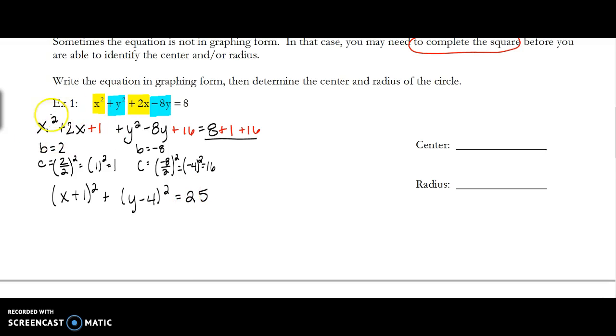So because we've completed the square twice, we now have that standard form for a circle. And now we can say our center is the opposites of these two, so negative 1 and positive 4. And then we take the square root of our answer, and our radius would then be 5.